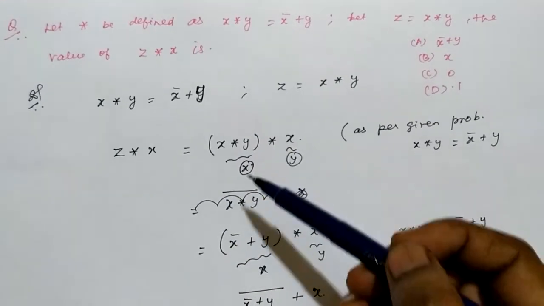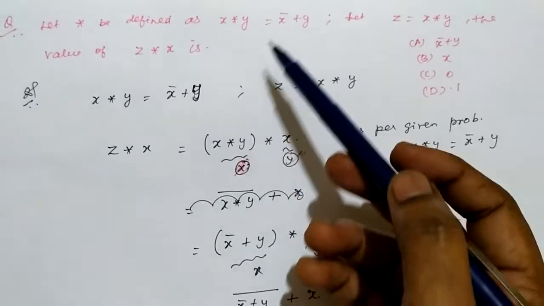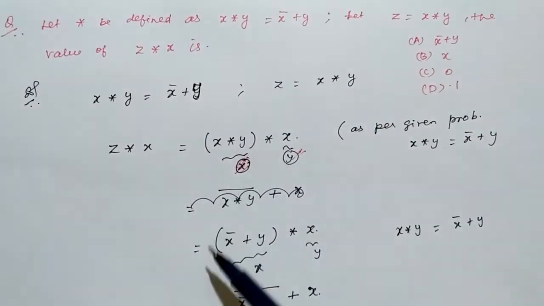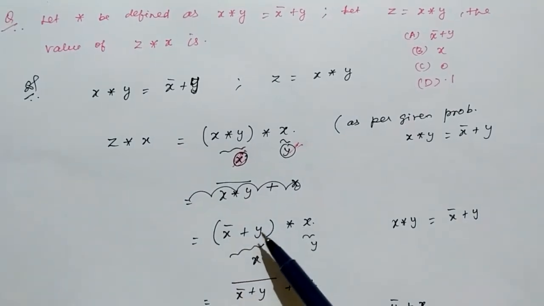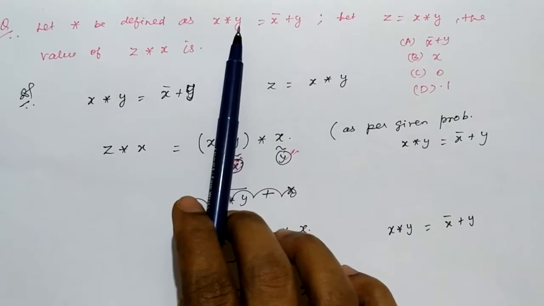Now here again, x star y is given as x complement plus y. So x complement plus y, star x. Now let us keep this as the formula.